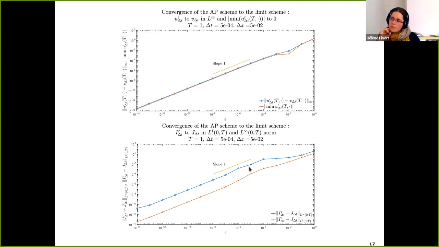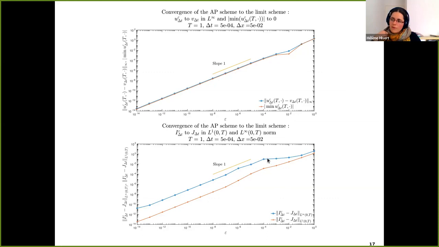And if we plot it for I in L1 norm, it seems that the convergence rate is also 1. So the error in L1 norm between I depending on epsilon and J for the limit scheme is of order epsilon.